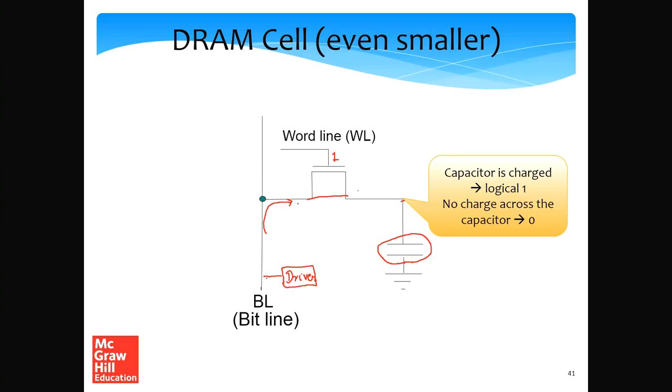Otherwise, if it drains out charge from the capacitor, then we are writing a logical 0. And once the word line transistor is disabled, which basically means that we set its voltage to 0, then the capacitor is disconnected. You can think of it as the switch being disconnected. So whatever is the voltage across the capacitor will remain.